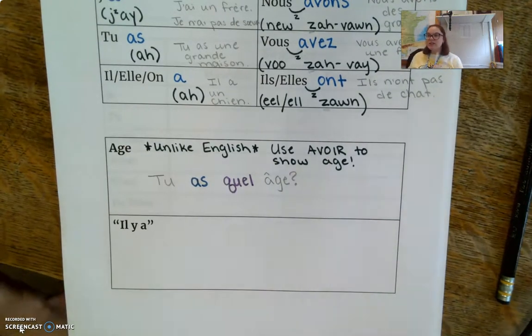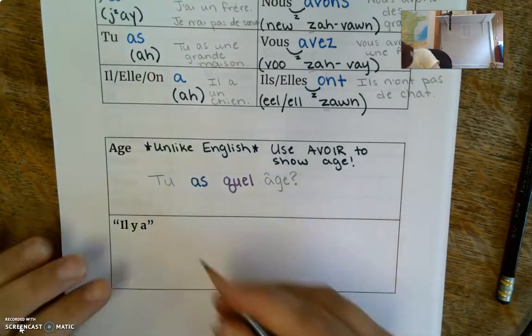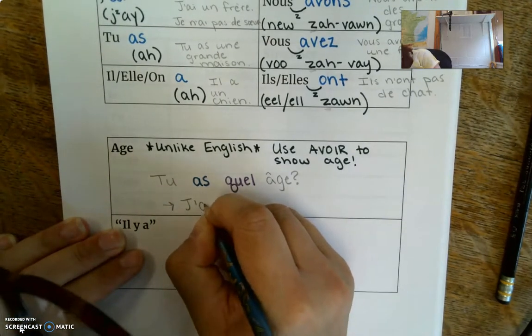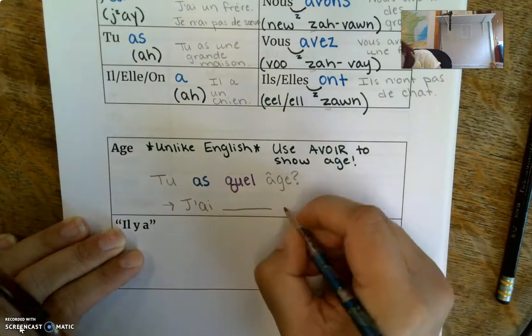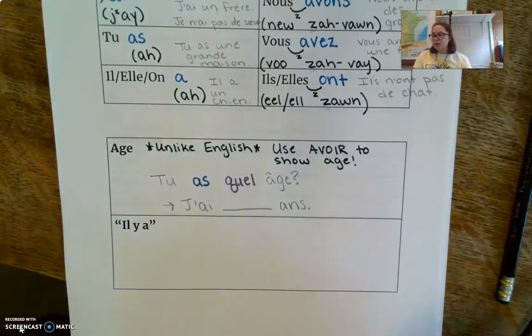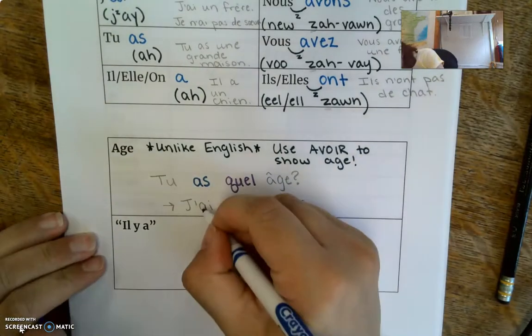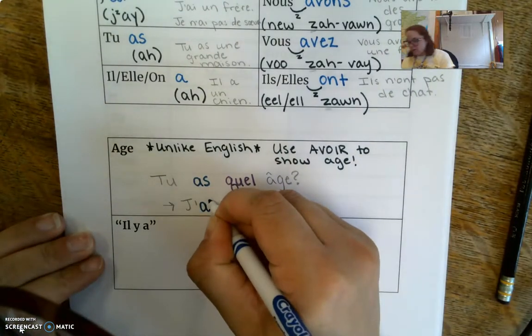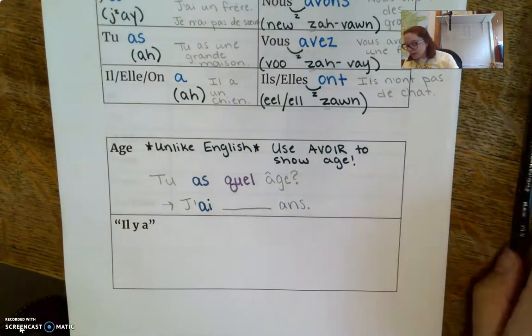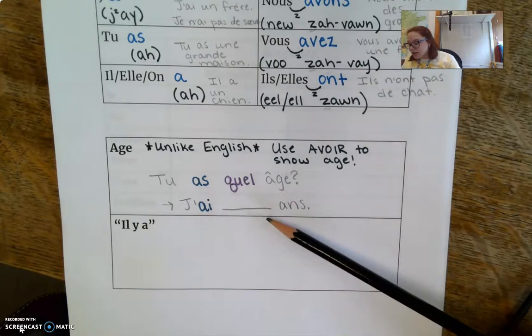And so to answer this, you would say something along the lines of j'ai blank ans. So here we've got, again, that conjugation of avoir. And you're going to fill in a number here. So for me, I'd say j'ai 27 ans.